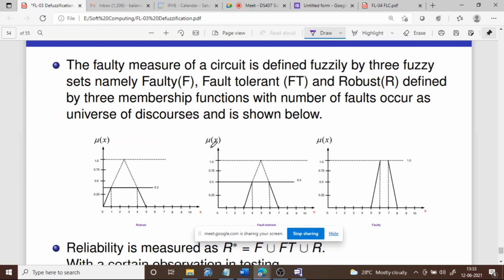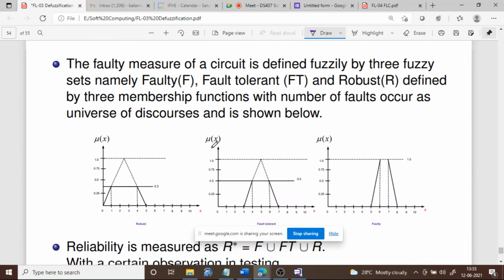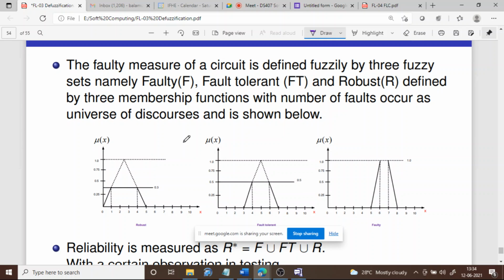Okay. Similarly, this particular thing, what it says in the sense, all this graph represents the faulty measure of a circuit. Okay, the faulty measure of a circuit is represented using fuzzy logic. And we are using three membership functions to represent that. One is called faulty, the other one is called fault tolerant, the other one is called robust.